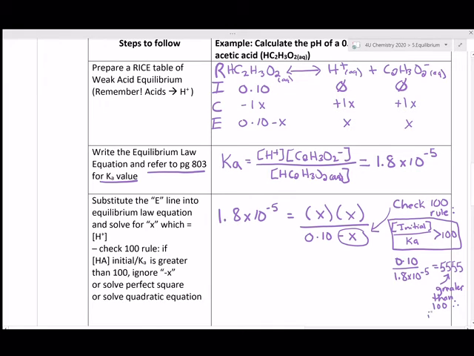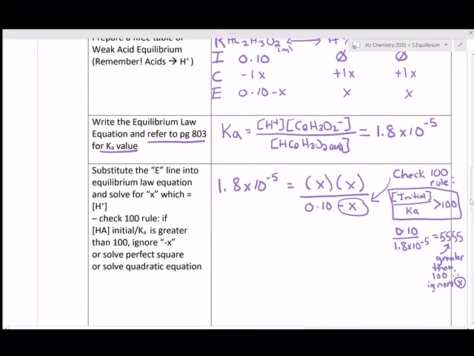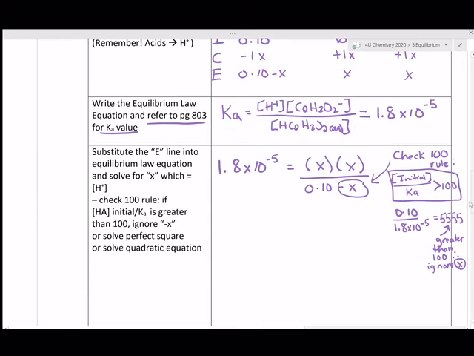So therefore, we get to ignore the circled x. Not all the x's, but the one that is just being subtracted. Because of that, we're going to ignore that guy, which is going to help a lot. So let's rewrite this. This is going to equal x squared divided by 0.10 instead.